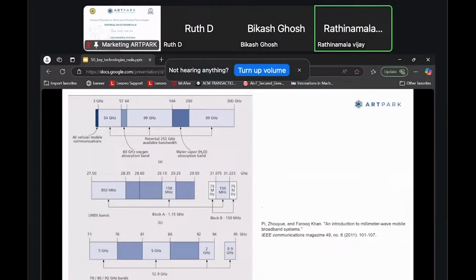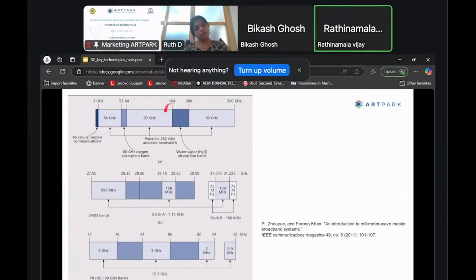The electromagnetic waves undergo severe attenuation, and that's the reason we won't use 60 gigahertz quite often. That's what the literature shows, and you can also refer to this article here. Similarly, the band between 164 to 200 gigahertz is also not very commonly used because of that.